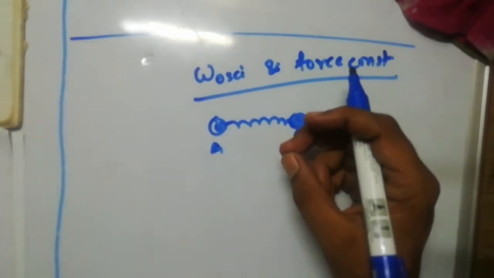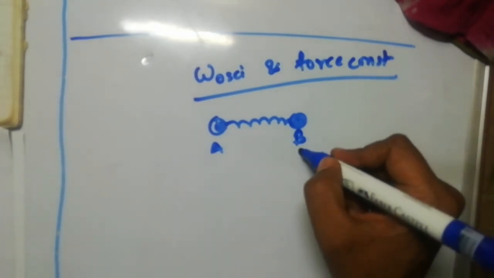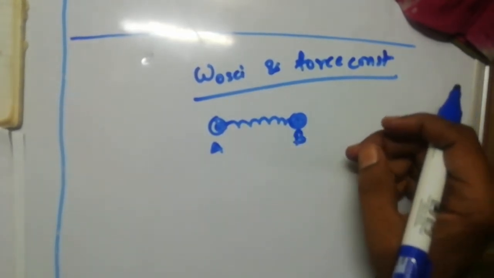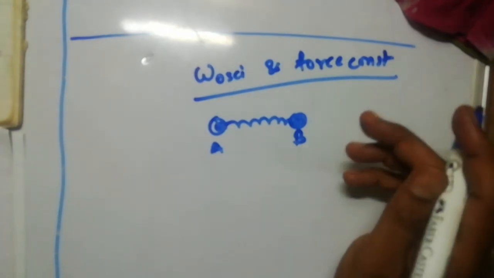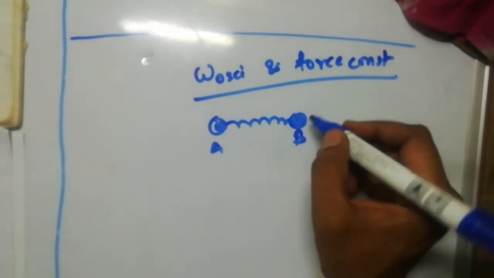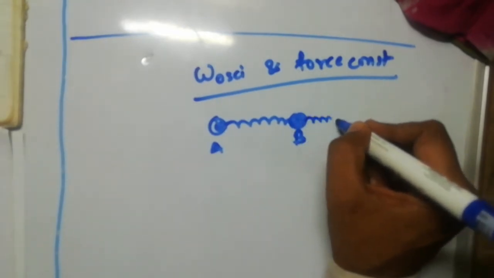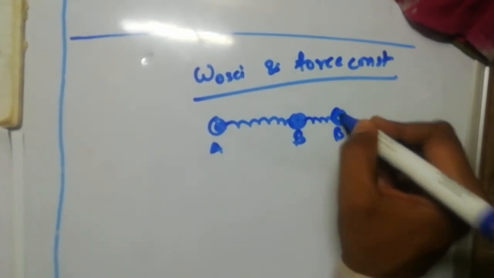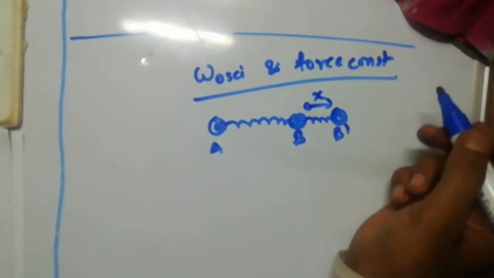Now when you subject this spring to stretching, or when you take atom B away from A, what will happen? The spring will try to restore the original position. Say the new position is B prime, so this displacement is, say, x.